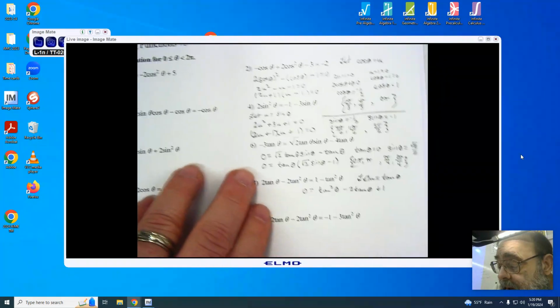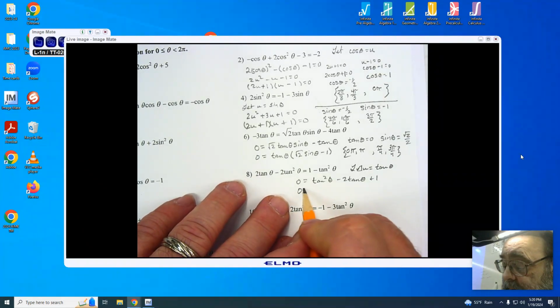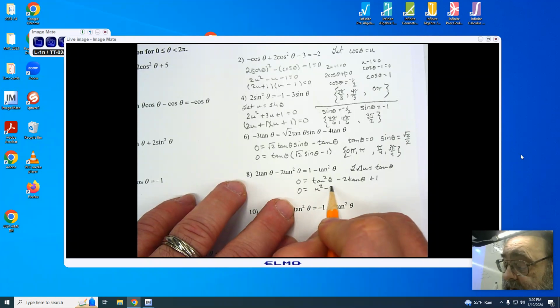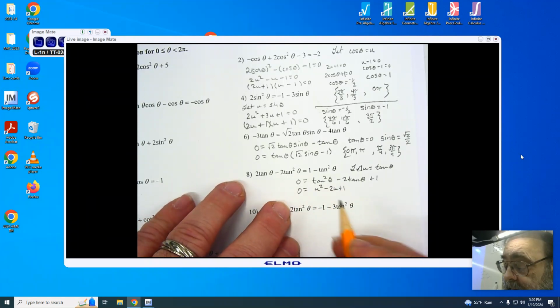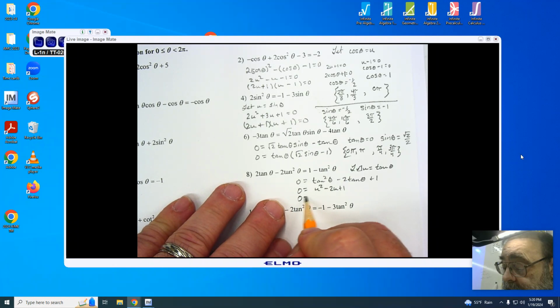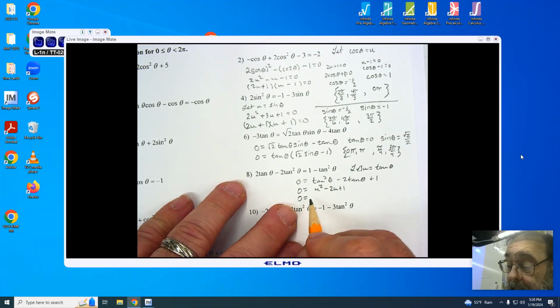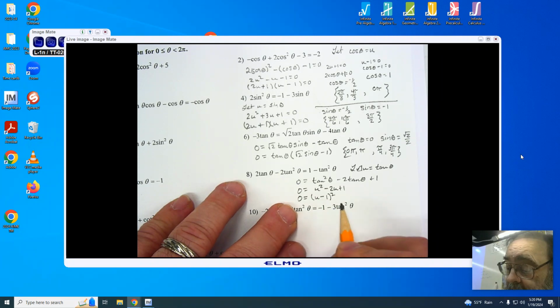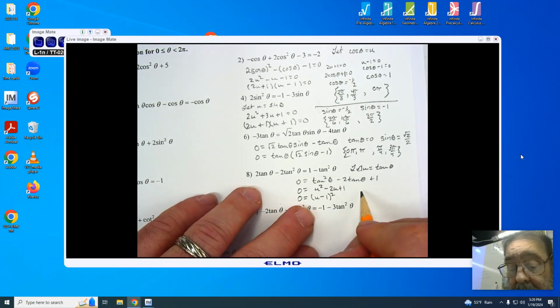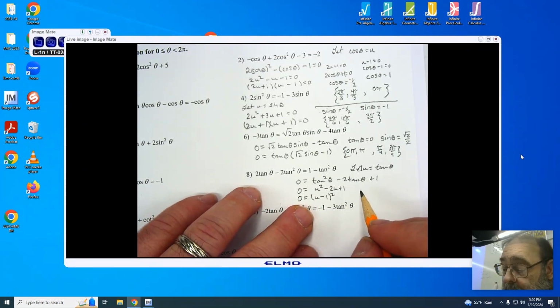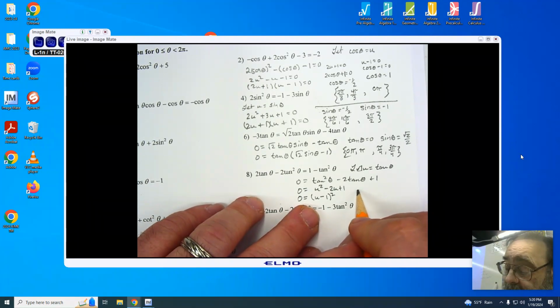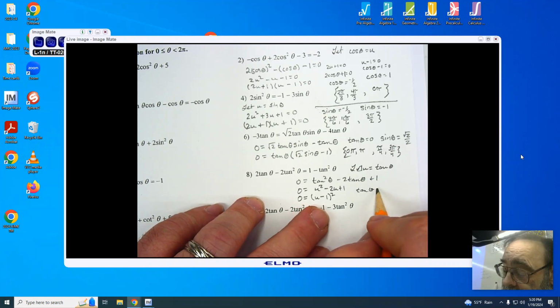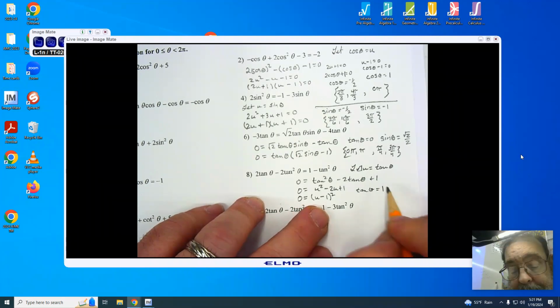So now when I put it together, I have 0 equals u squared minus 2u plus 1. And this is our perfect square identity, where we have u minus 1, the quantity squared. And when I put it back in, it just means I'm going to end up having a double root. But I still have tangent of theta when I put the u back in, and it's going to equal 1.